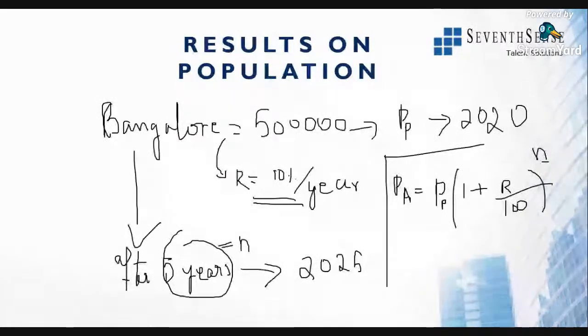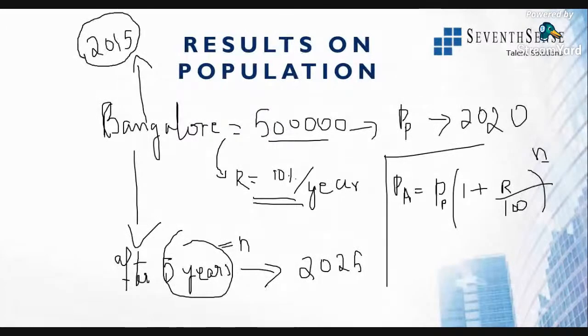Next question: if the present population was 5 lakhs, what was Bangalore's population in 2015, that is n years ago? The rate is 10% itself. It keeps on increasing at the rate of 10%. If it was increasing by 10% from 2015, and presently it is 5 lakhs, what was the population 5 years ago?